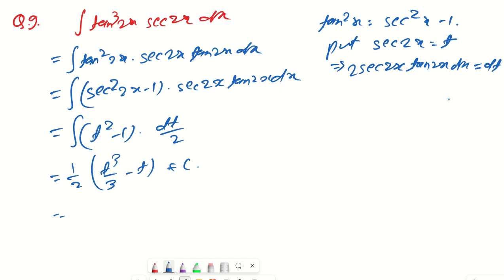I can put that sec 2x back for the value of t. So I can write it down as 1 by 6 times sec cube 2x minus 1 by 2 times sec 2x plus c. So this is the solution.